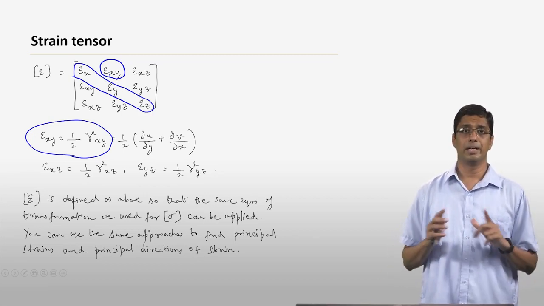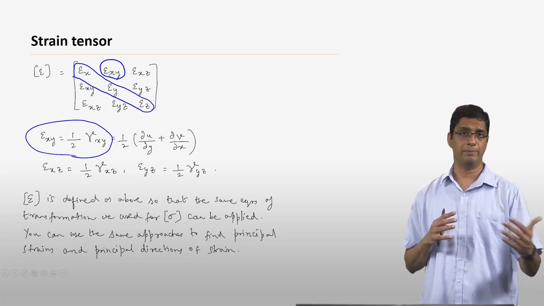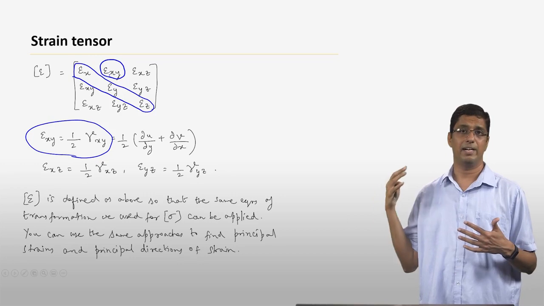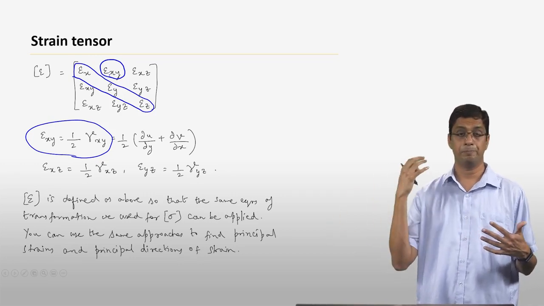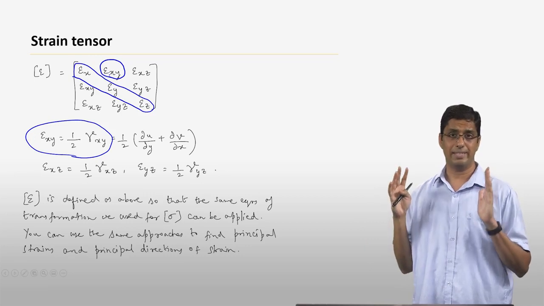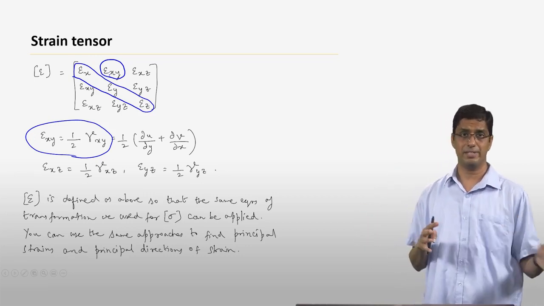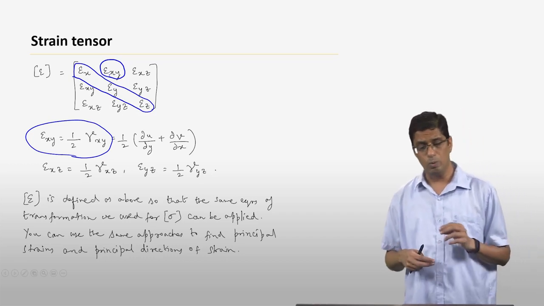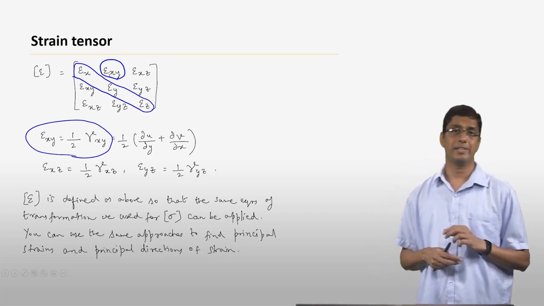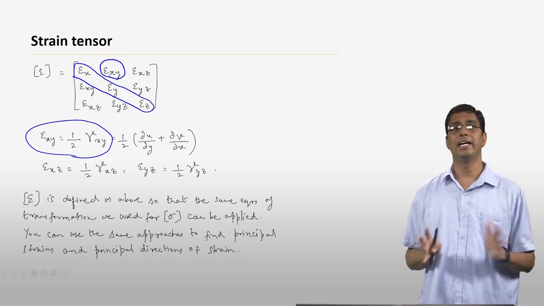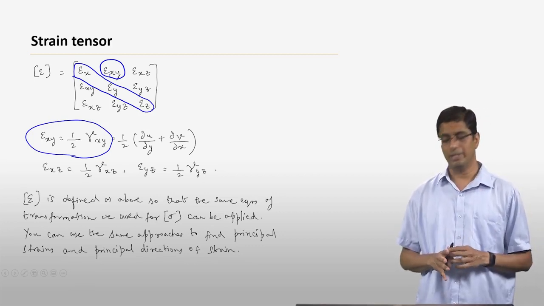You just replace sigma x by epsilon x, sigma y by epsilon y, sigma z by epsilon z, and tau xy by epsilon xy, and so on. Then you can use the exact same equations that we derived for stress transformation for strain transformation. That is why we define the strain tensor in this manner. So epsilon xy is not a new quantity; it is just gamma xy divided by 2.